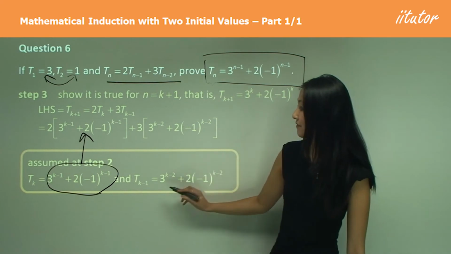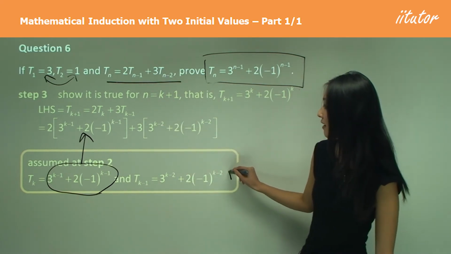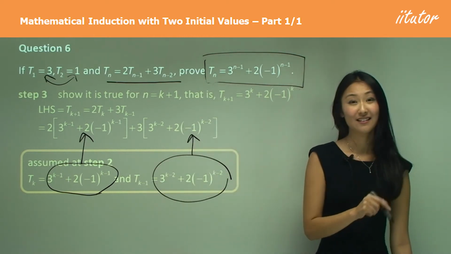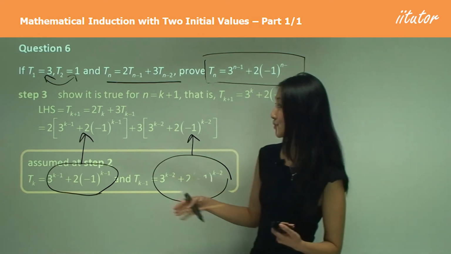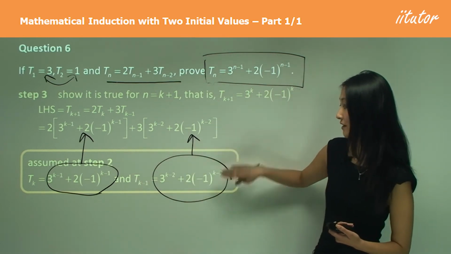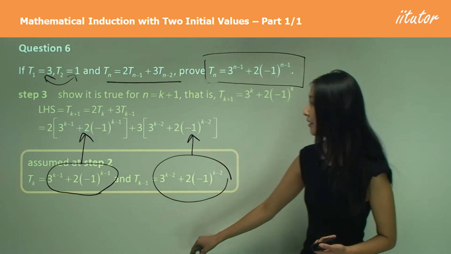And here we have tk minus 1, so instead of tk minus 1, I'm just substituting that into there. So I know this looks complicated, but actually all I'm doing is substituting tk for this and then tk minus 1 for that. It's just basic substitution.